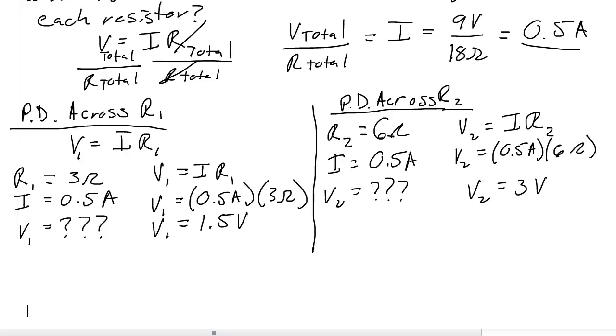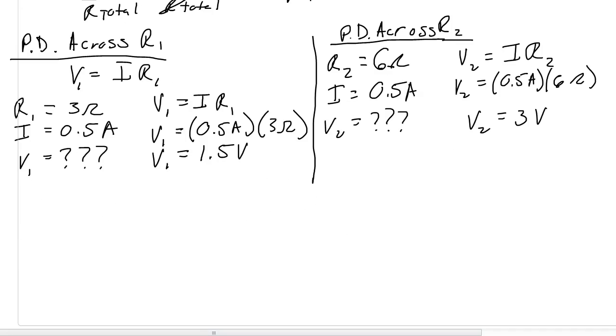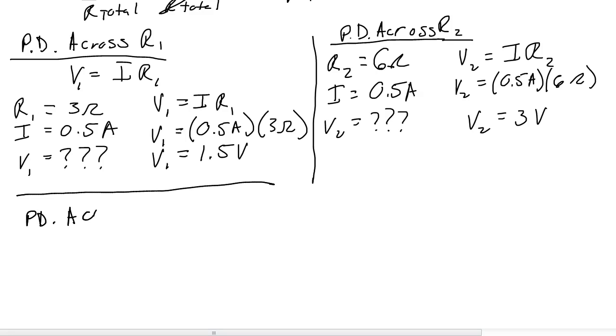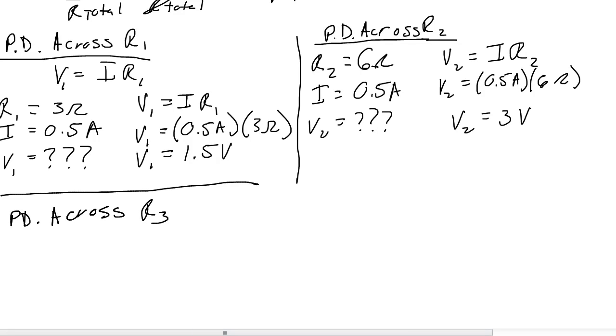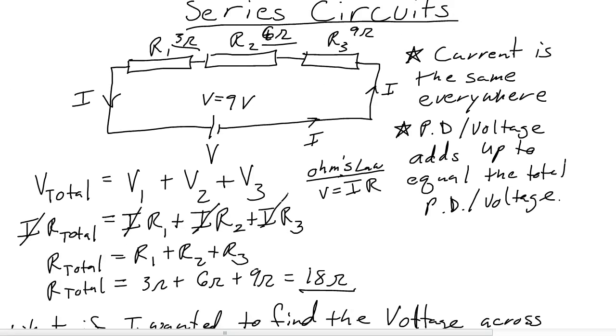And for the last one, let's do the potential difference across R3. So we need R3, we need I, and we need V3. So R3, we look up here, we see it's our last resistor, it's 9 ohms.